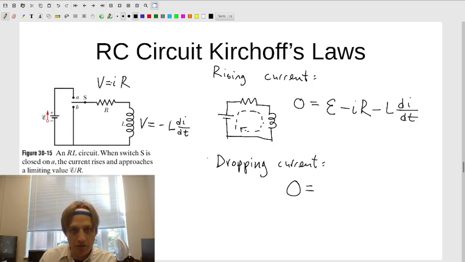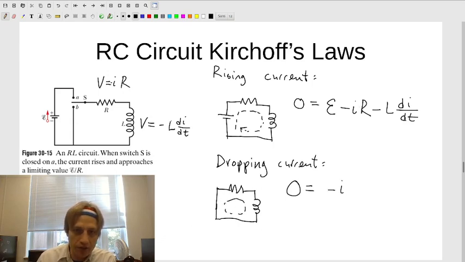So I would have 0, and then this loop would now just be a resistor and an inductor, and we don't have a battery source anymore. And we would still have the minus IR, our loop is still going this way. So it would be minus IR, and then plus L di dt.